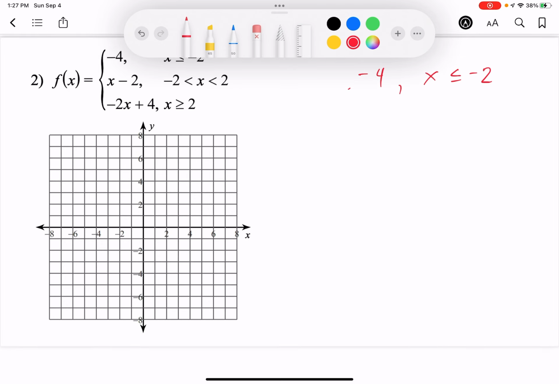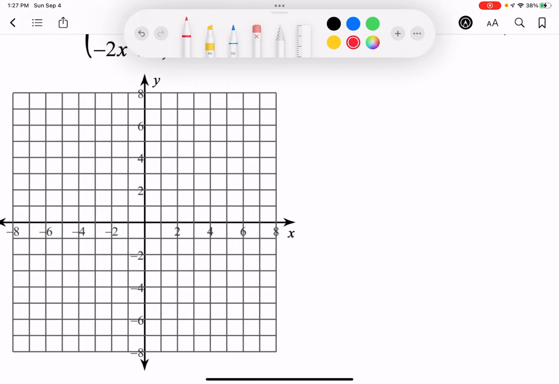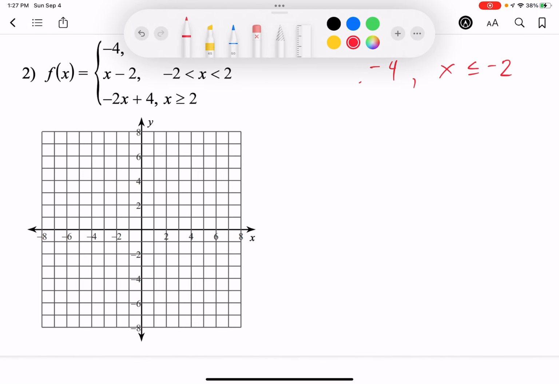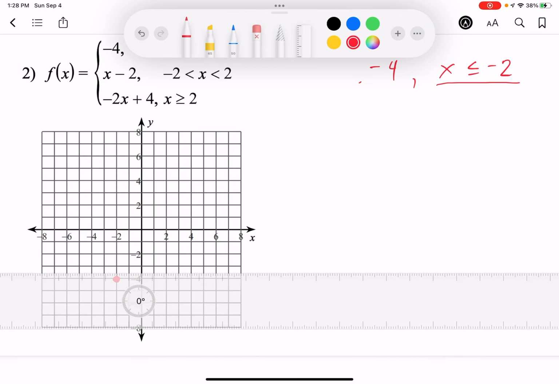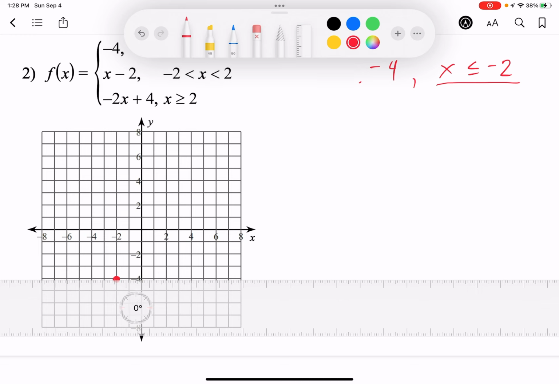So, yung ating boundary ay nasa negative 2. So, if x is negative 2, your y is negative 4. So, negative 2, negative 4. Gagamit tayo dito ng solid. So, that's negative 4, negative 2. Ang sabi dyan, x is less than or equal to negative 2. So, ibig sabihin, nasa left side lahat yung ating graph.